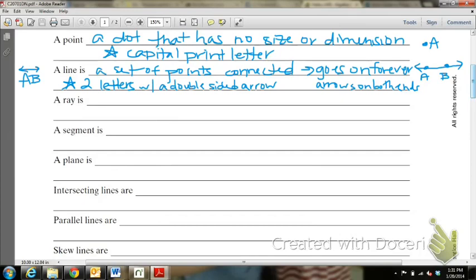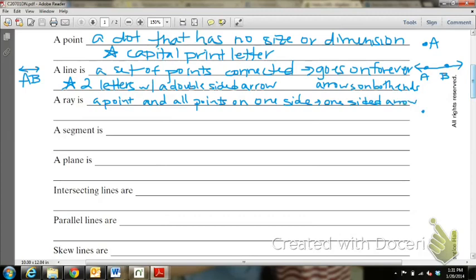A ray is a point and all points on one side. Okay, so it's like a one-sided arrow.